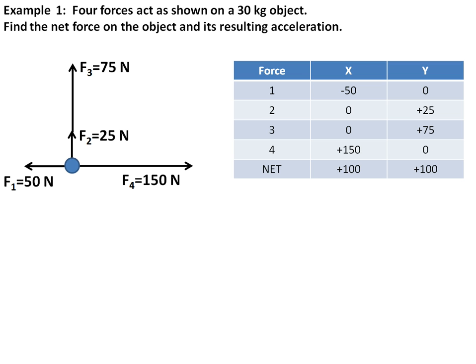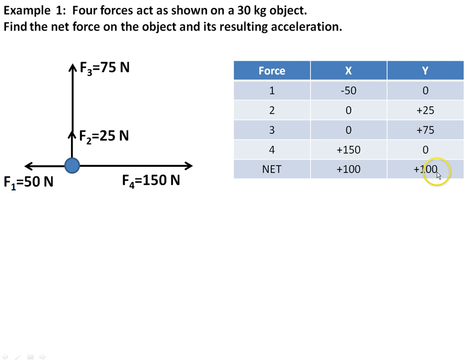I'll give you a second to have a look at some of these components. So horizontal forces, like force number 1, have a 0 in the y column. Vertical forces, such as number 2, have a 0 in the x column. And so that's not too bad. You take your values in the x column, you add them up, they add up to 100.